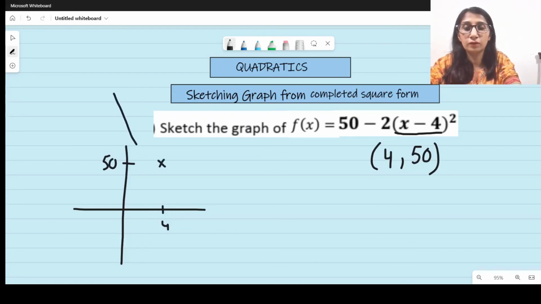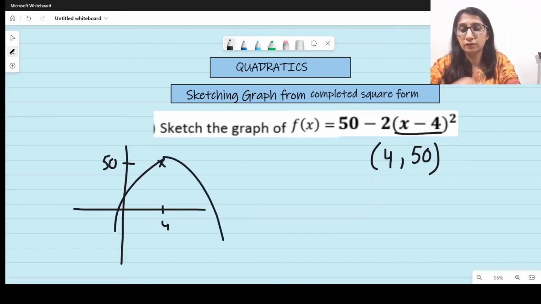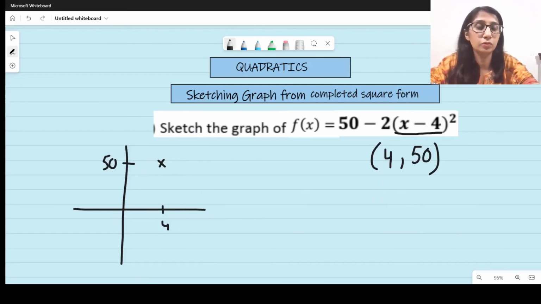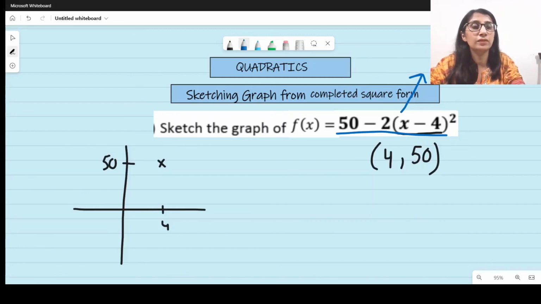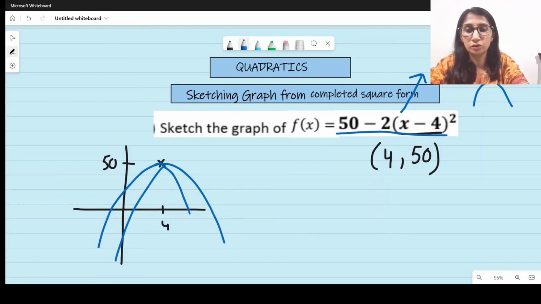Now, is the graph going to look like this, or is it going to look like this? For that, I'll need to take a look at the coefficient of x squared. When you expand this entire thing, we see that the coefficient of x squared will be negative 2. That means it's going to be an inverted parabola. So the graph would be like this, or maybe like this, I'm not sure. I'll need to find the y-intercept first.